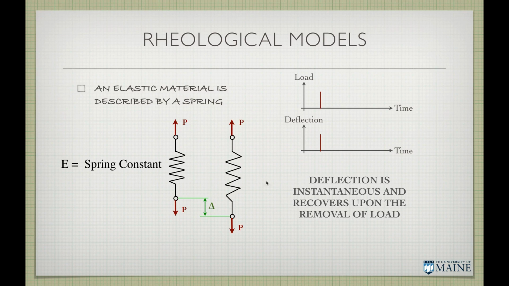And that is related to the spring constant. In physics, K is often used as the spring constant. If I keep the load constant over time, deflection will not change. It's at equilibrium.